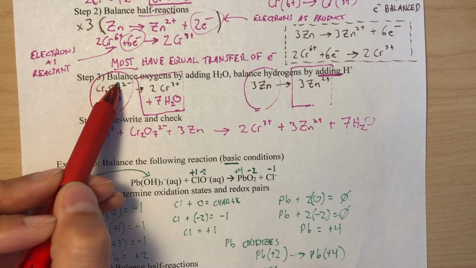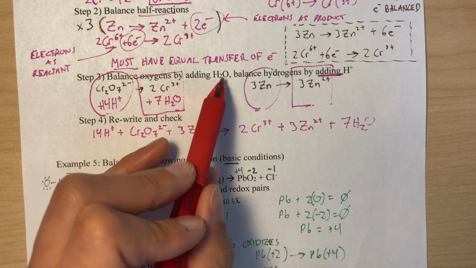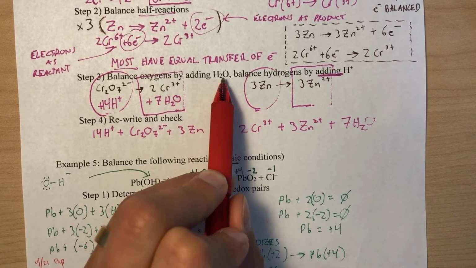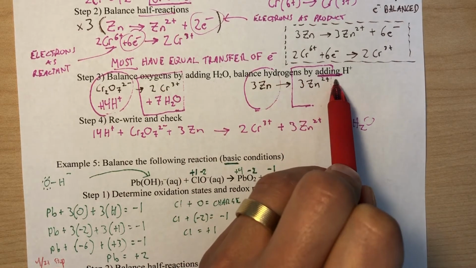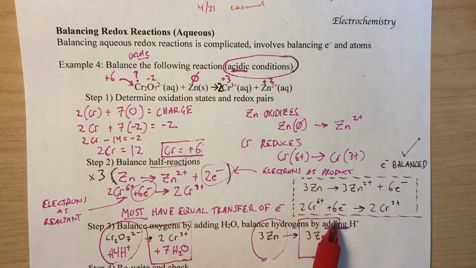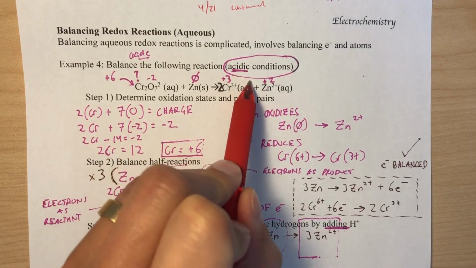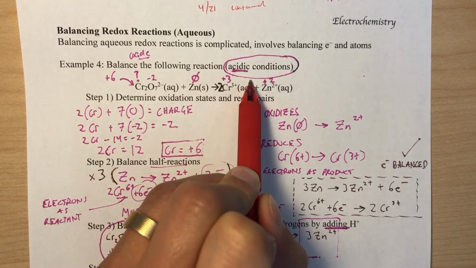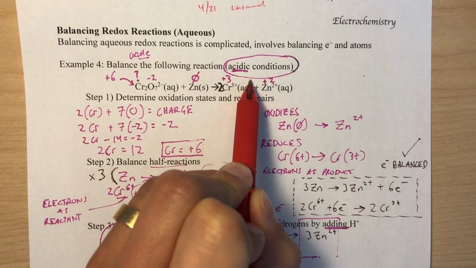First, we're going to write the half reactions, and we're going to balance the oxygens by adding water. By adding water, we're then going to introduce hydrogen atoms. We're going to balance those hydrogen atoms by adding protons. We're adding protons because we are under acidic conditions. That is directly connected to our conditions. In order to do this correctly, you must be aware of whether you're under acidic conditions or basic conditions because the problem's done differently.